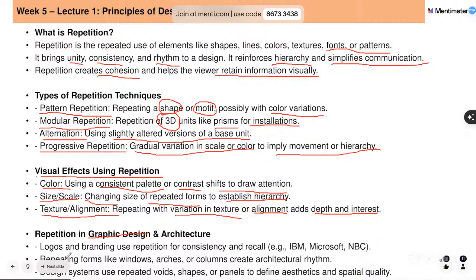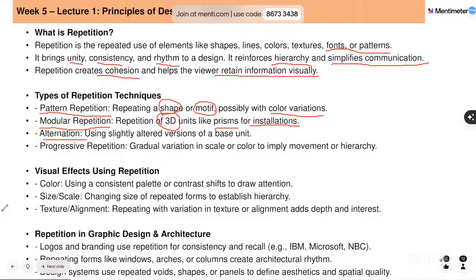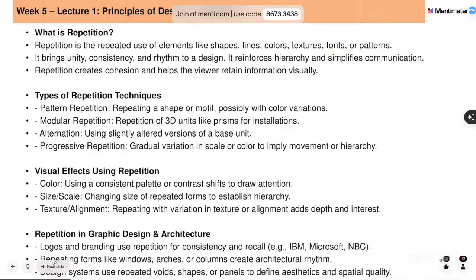Then repeating forms like windows, arches, or columns can create architectural rhythm. Design systems use repeated voids, shapes, or panels to define aesthetics and spatial quality.